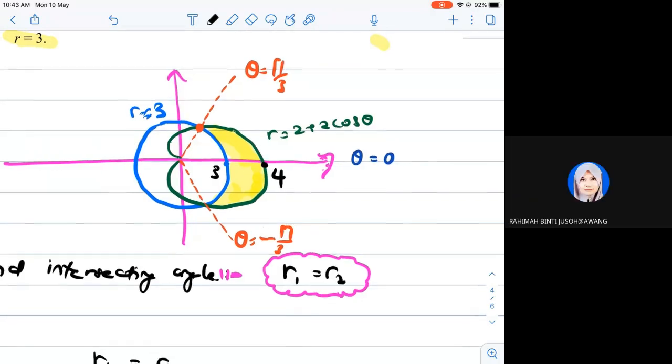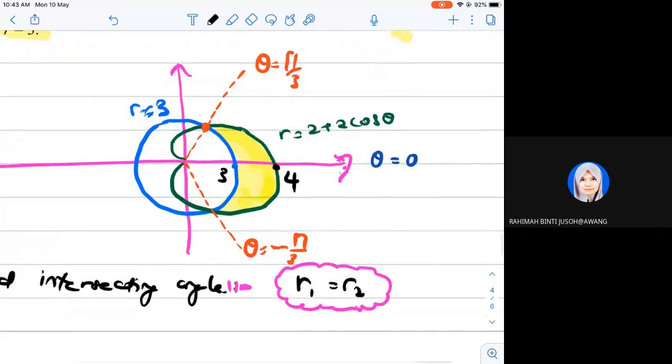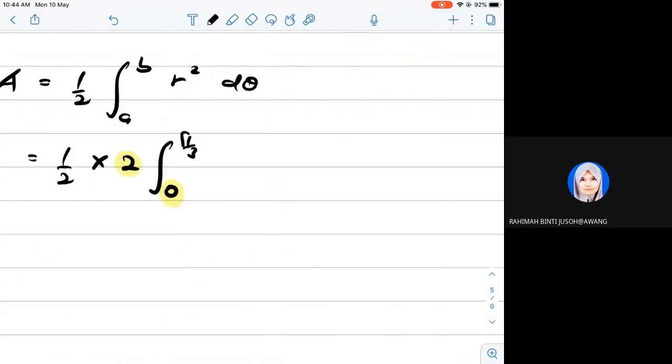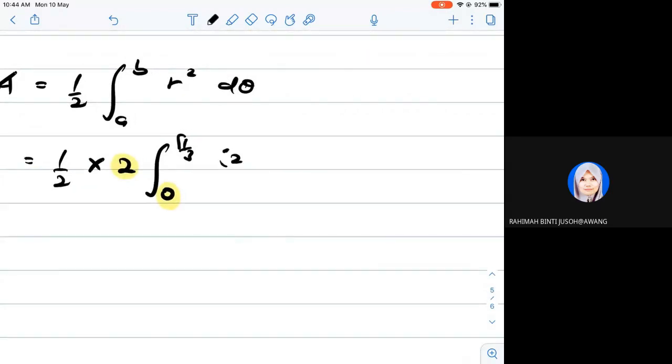Yes, cardioid minus circle. Alright, very good. So cardioid is 2 plus 2 cos theta squared. Jangan lupa sebab formula dia ada R kuasa 2 tolak 2 pula. R equals to 3 kan? R squared. 3 kuasa 2 jugalah d theta.